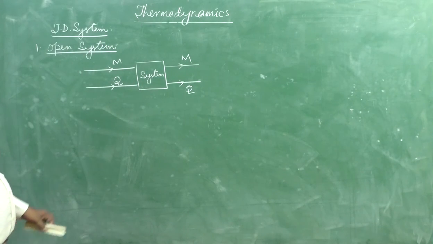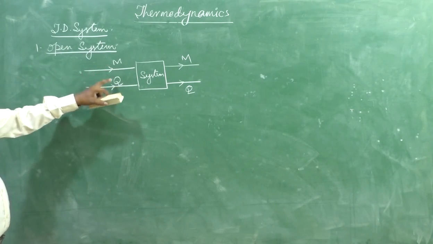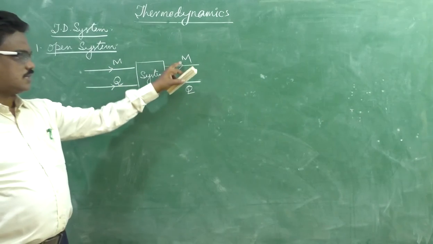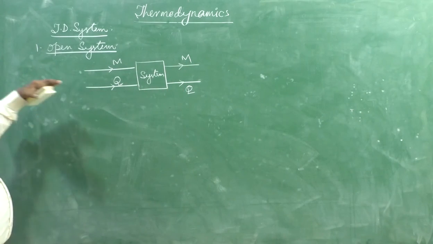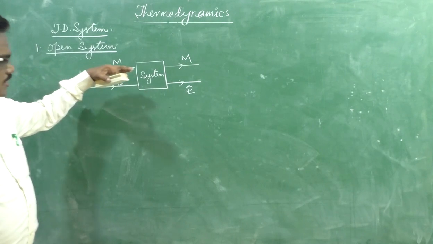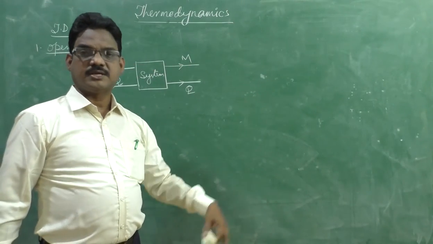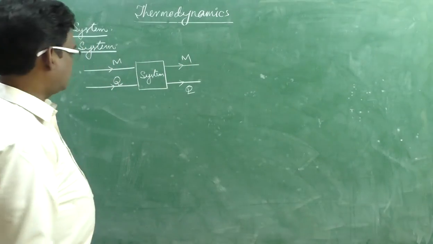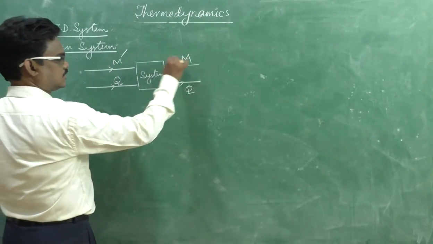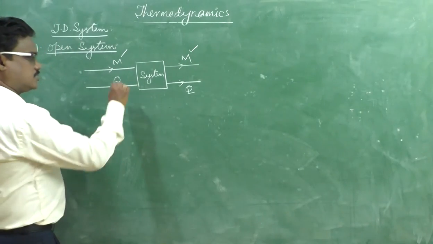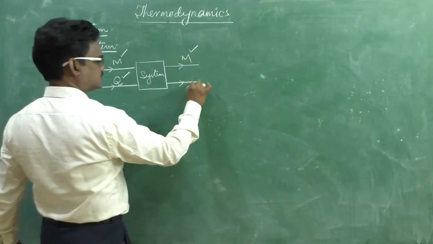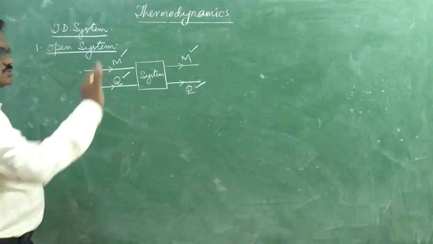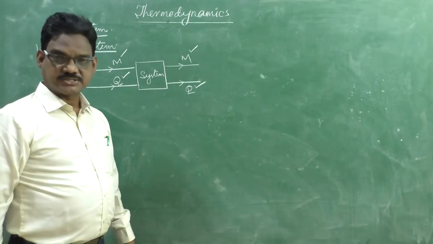Suppose mass and heat energy both are entering into the system and leaving from the system, then such a system is called an open system. Mass is entering, mass is leaving, heat is entering and heat is leaving. Such a system is called an open system.